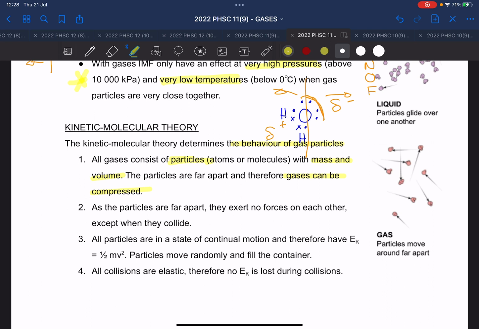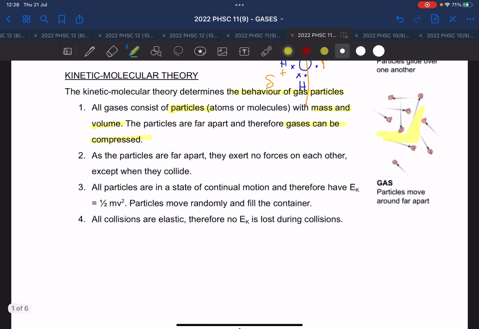Does that make sense? Because there is so much open space in between gas molecules, you can squish them together. Okay, if the particles are far apart, they exert no force on each other, except when they collide.